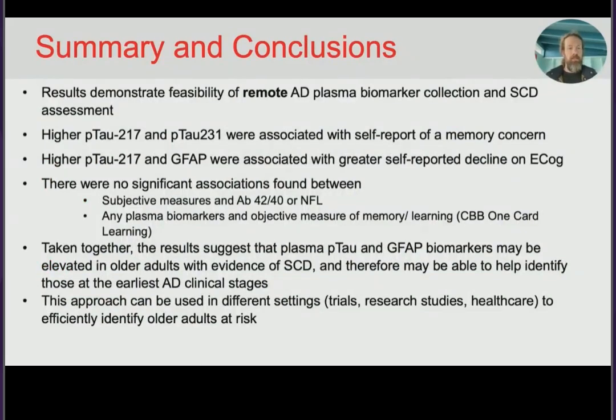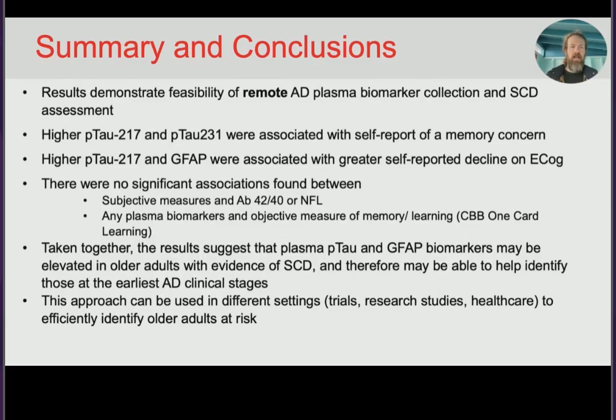All right, awesome. So these results demonstrate the feasibility of remote Alzheimer's plasma biomarker collection and subjective cognitive decline assessment. We found that higher p-tau 217 and p-tau 231 were associated with a self-report of a memory concern.